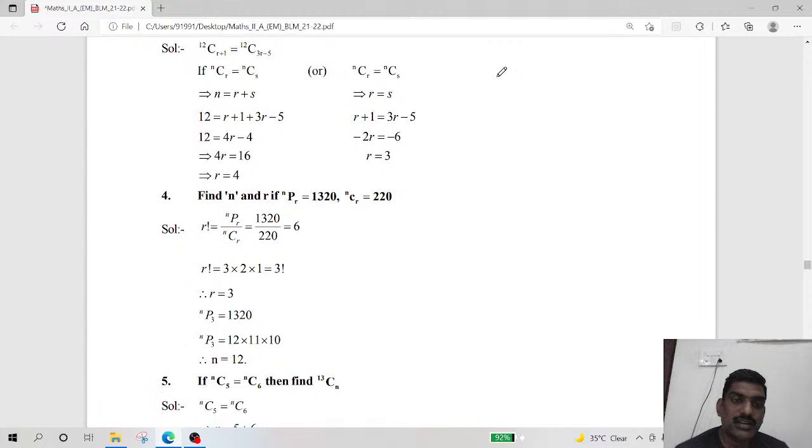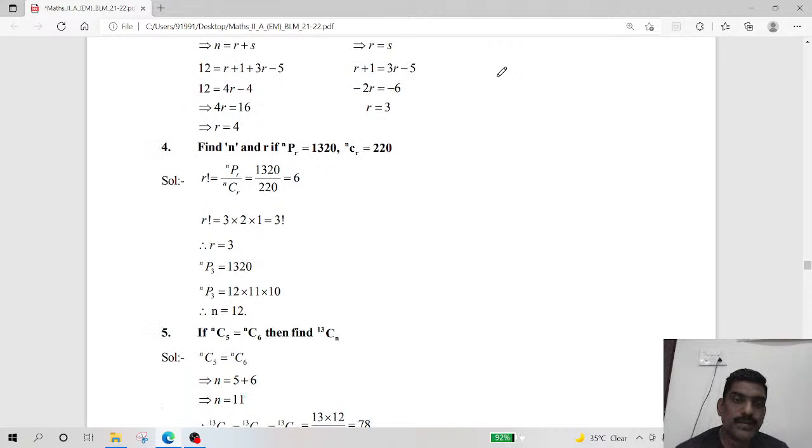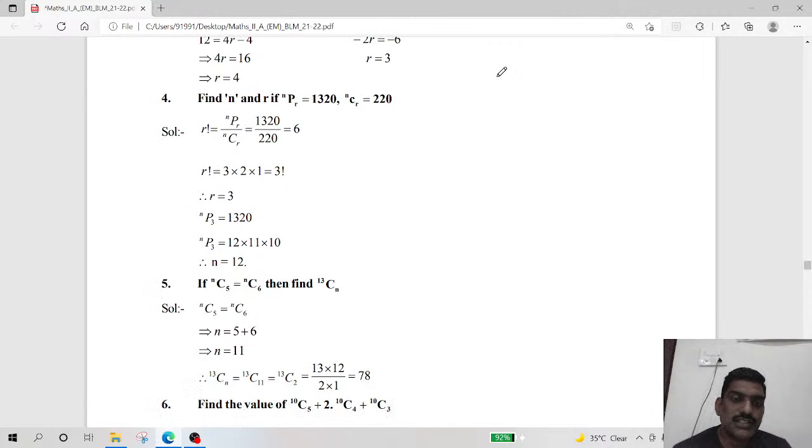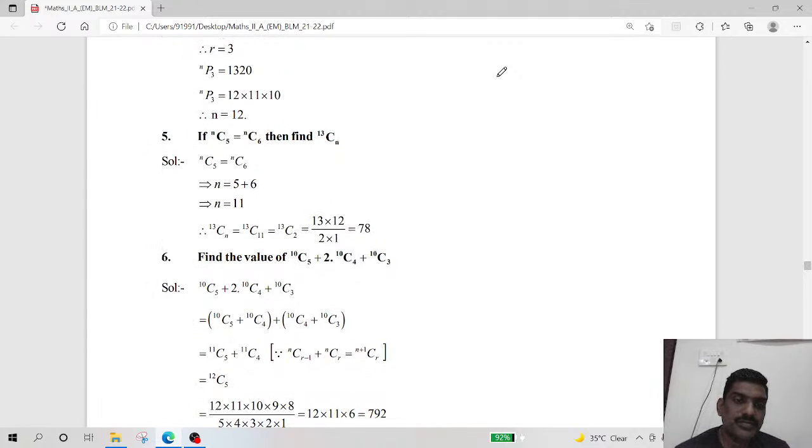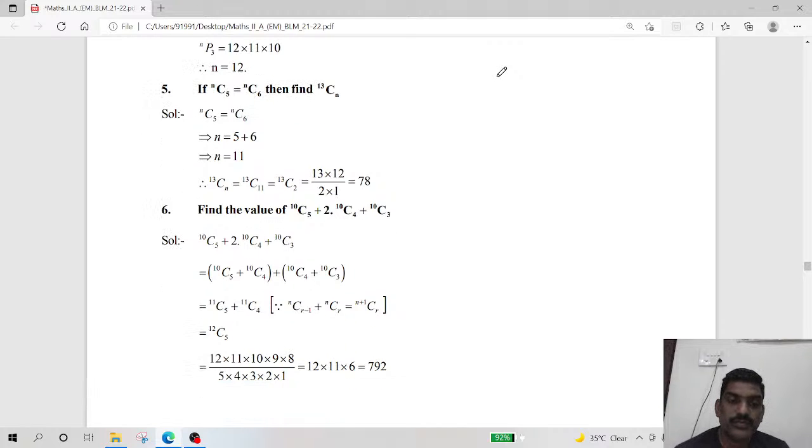Next, to find n and r. If nPr is equal to 1320, nCr is equal to 220. Write both the formulas and simplify. That's it, nothing. Then the next one is nC5 is equal to nC6, n is equal to 11. Next, find the value of 10C5 plus 2 times 10C4 plus 10C3.